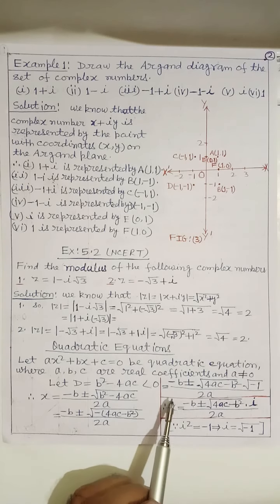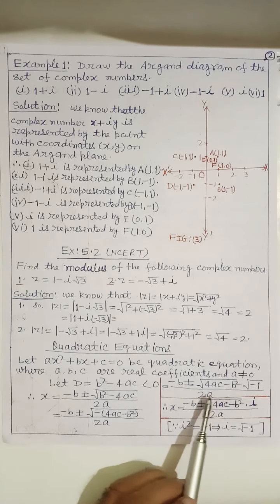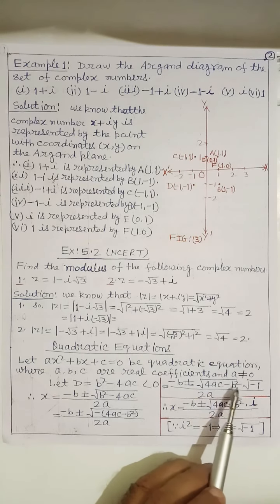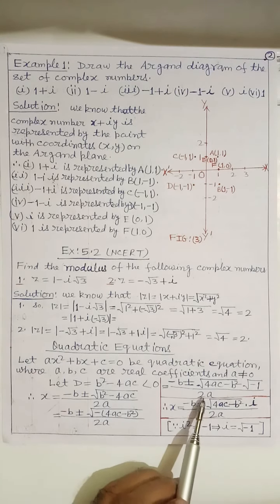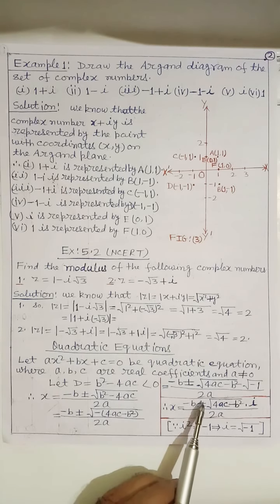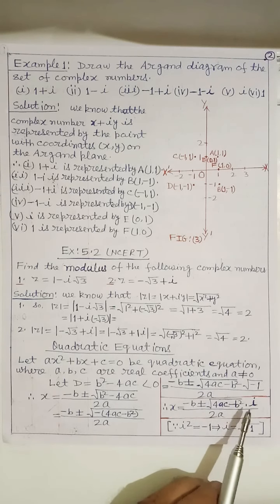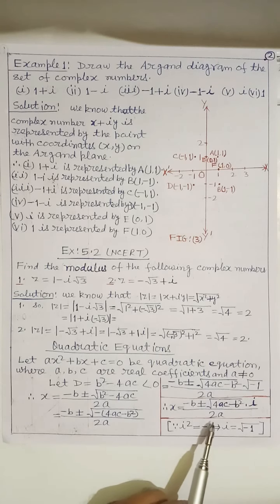So this is equal to minus b plus minus square root of 4ac minus b square into square root of minus 1 by 2a, and finally we get x is equal to minus b plus minus square root of 4ac minus b square i by 2a.